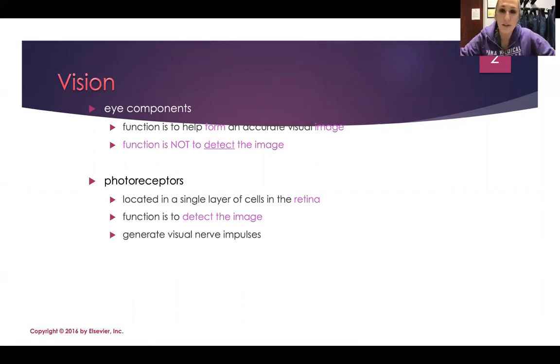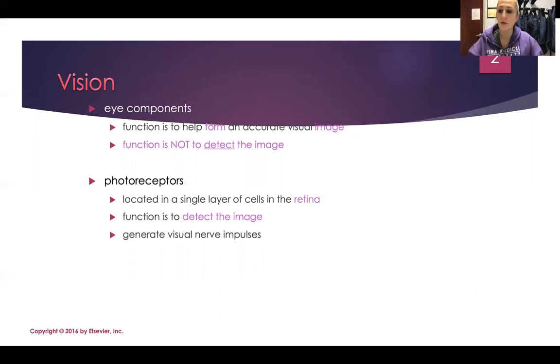Just like we talked about with sense organs, it's actually the brain that perceives what we're seeing as an image based on that electromagnetic sense that's coming through by light. So the function is to help form an accurate visual image. It does not detect an image like a video camera or something.